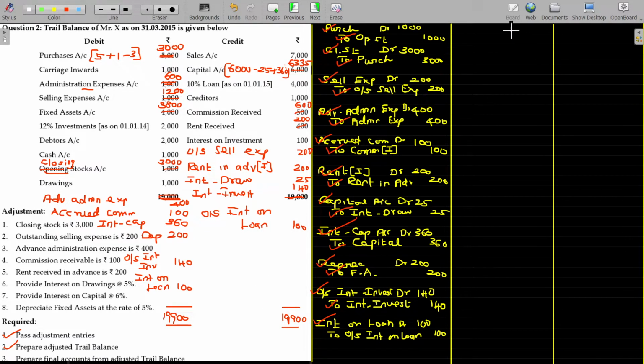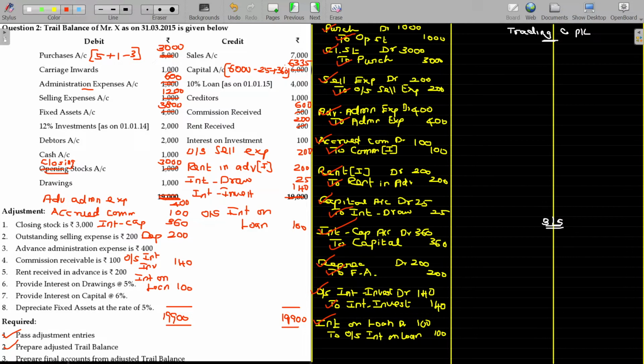Trading and P&L account, and then balance sheet. I'm going to post all these things.